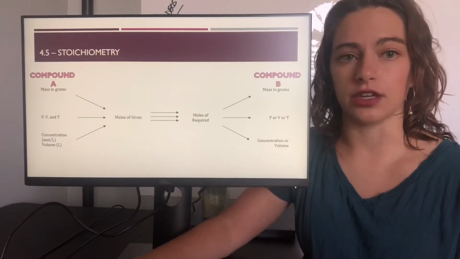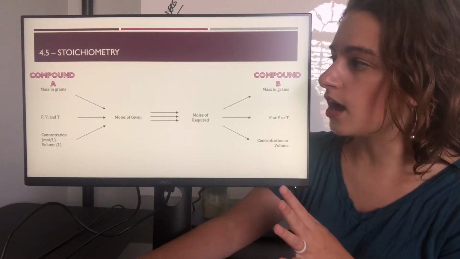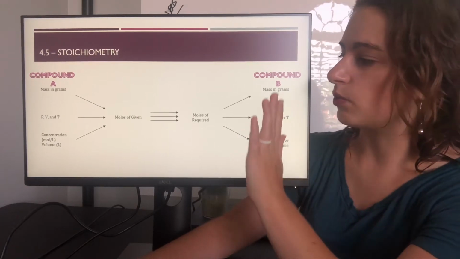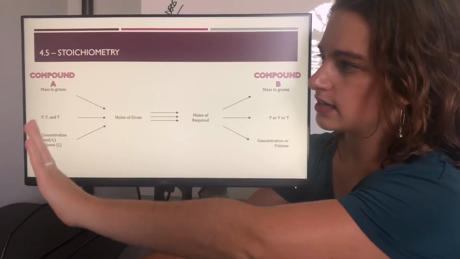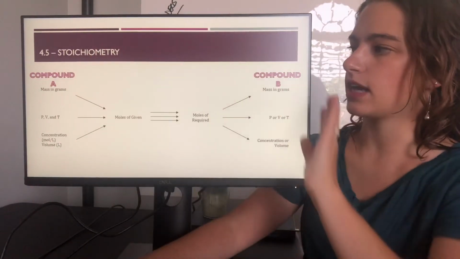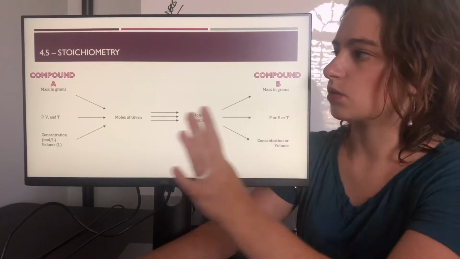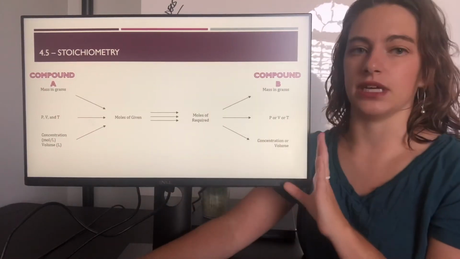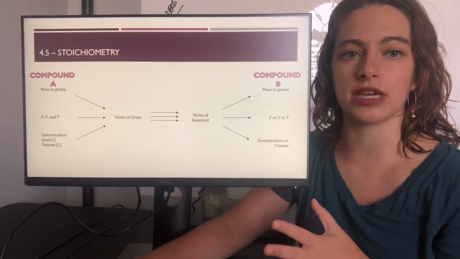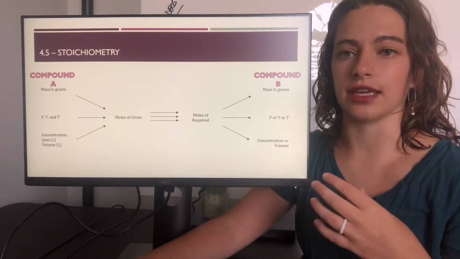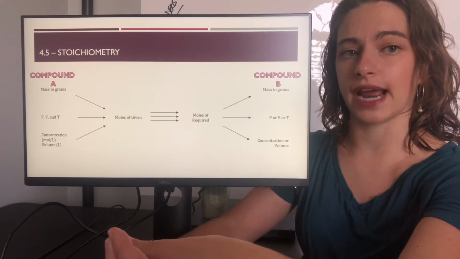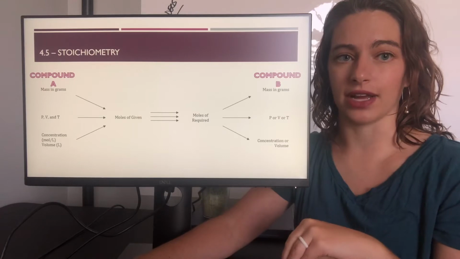Okay, so here's my roadmap. The left side is dealing with compound A, the right side is dealing with compound B. So we're always going to go from A to B. You use stoichiometry anytime you have a question that gives you information about one compound in a reaction, but then asks you about a different one.